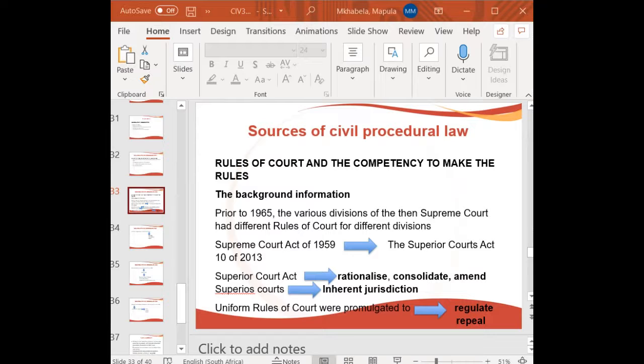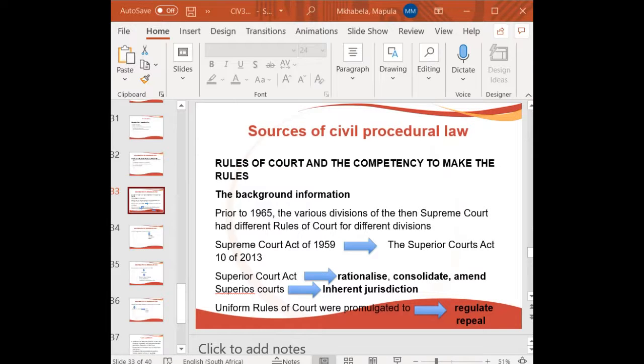Prior to 1965, various divisions of the then Supreme Court had different rules of court for different divisions, and also under the provision of Section 49(2)(a) of the Supreme Court Act of 1959, which is now repealed and replaced by the Superior Courts Act, ladies and gentlemen.